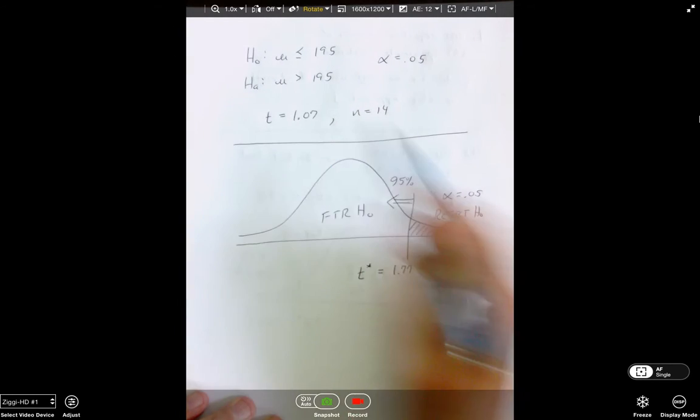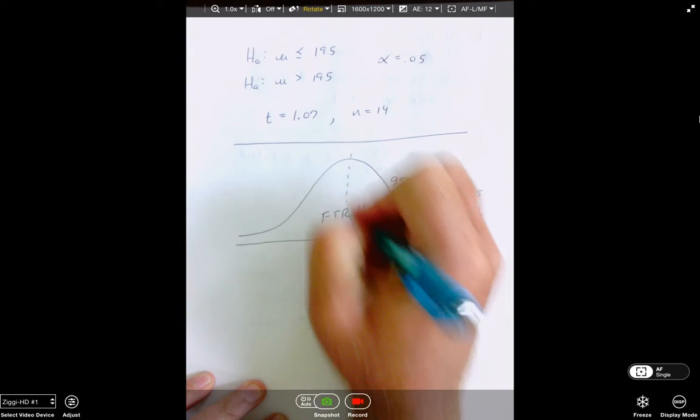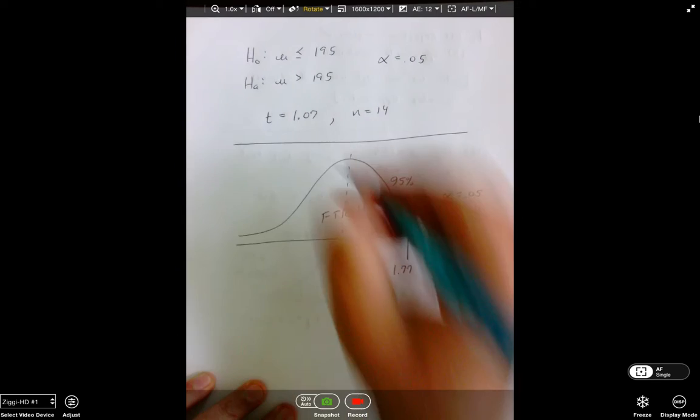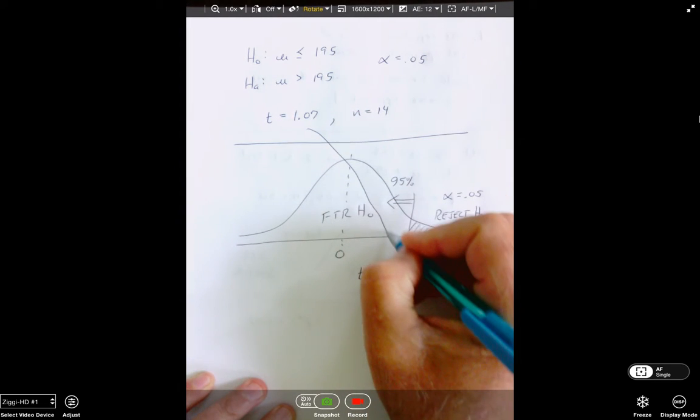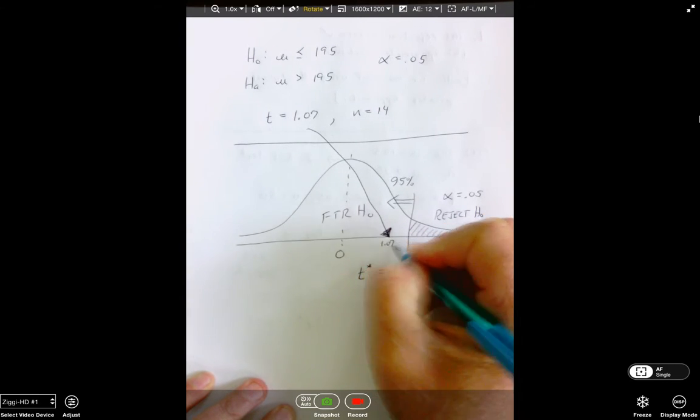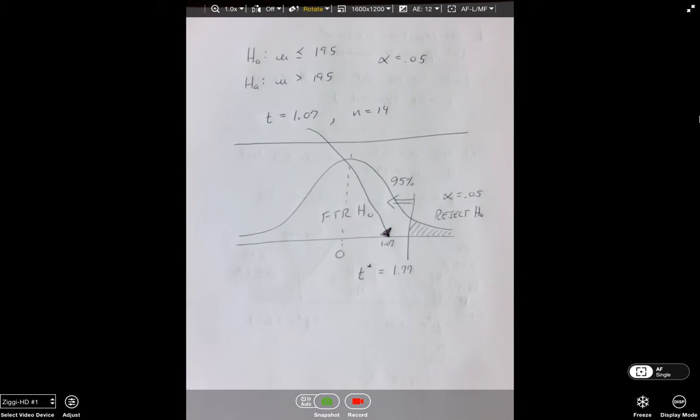Our 1.07, now guys, remember, the center of your distribution when it's been standardized is 0. Our 1.07 test statistic falls there, which is to the left of the 1.77, which is the line in the sand between reject and fail to reject.